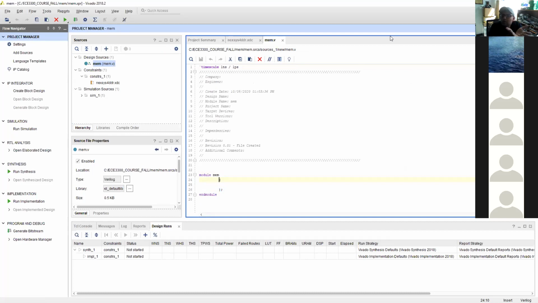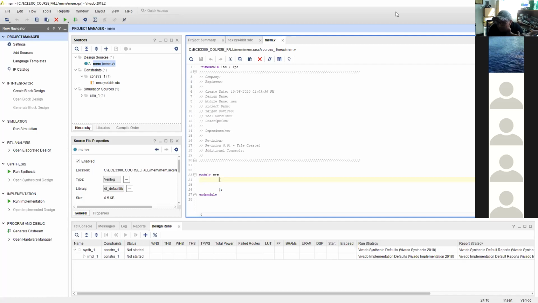One of the parameters is how many bits the input and output should be, right? Do you agree? Yeah, that could be one. There is another one, the depth of the memory: how many locations we have in the memory.